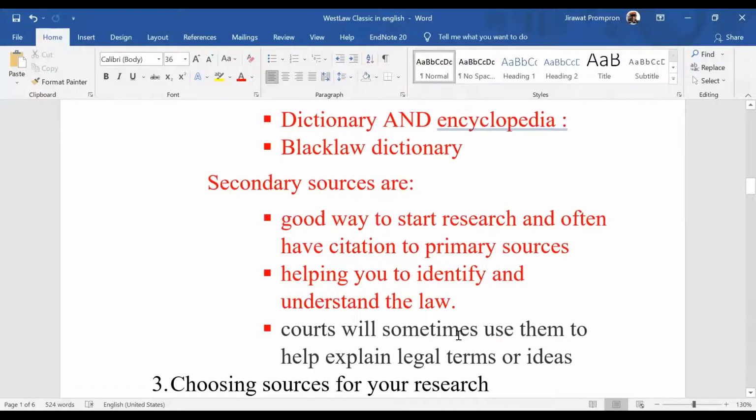Suppose you are new and have never used Westlaw before, but your topic is intellectual property. It's too broad for you, so you scope down to what type of intellectual property you are looking for. So I want to scope down to geographical indication.